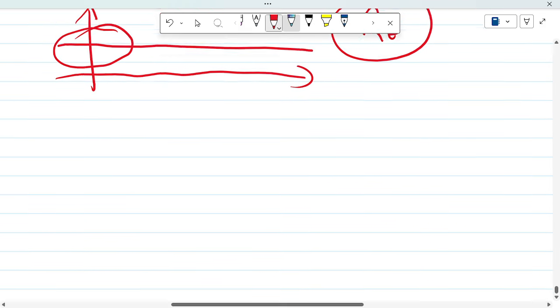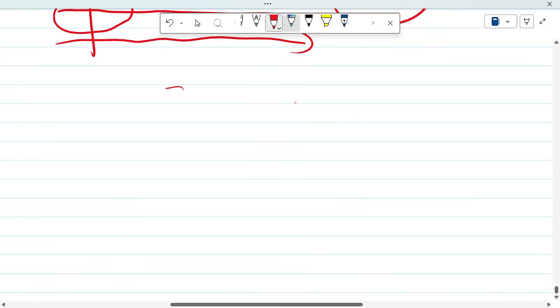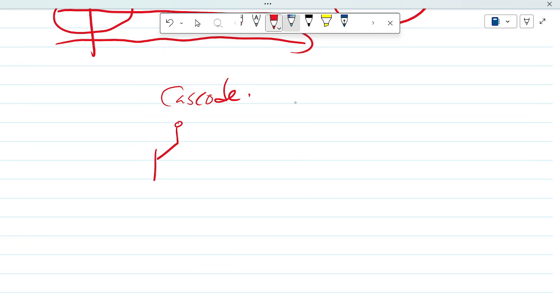So this introduces us to a cascode. For the cascode current source, we replace the emitter resistor with another transistor.